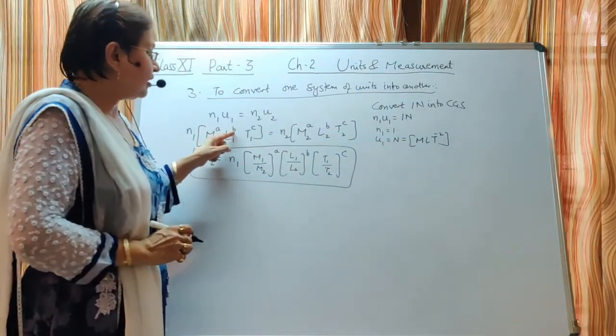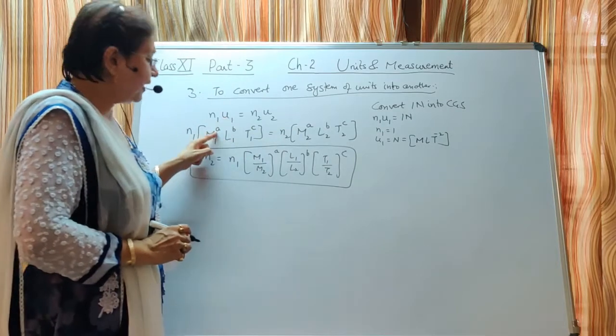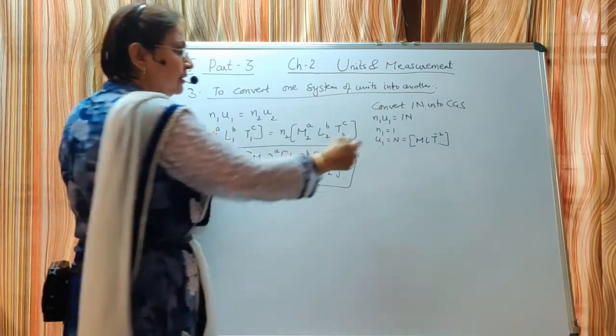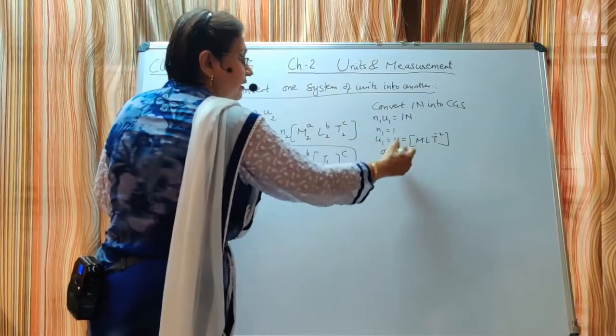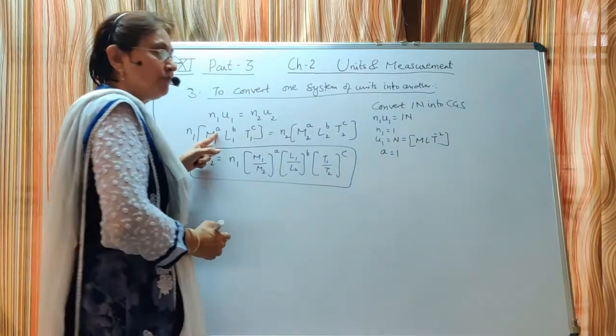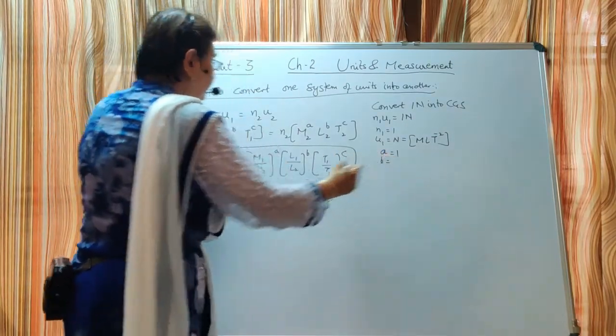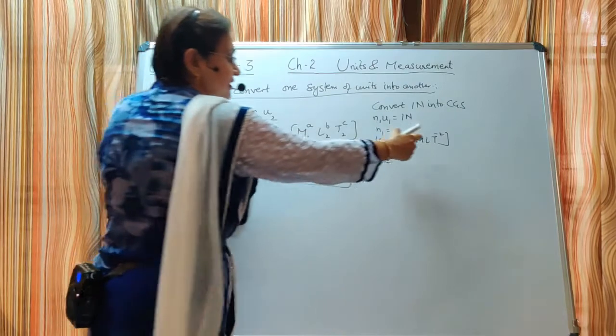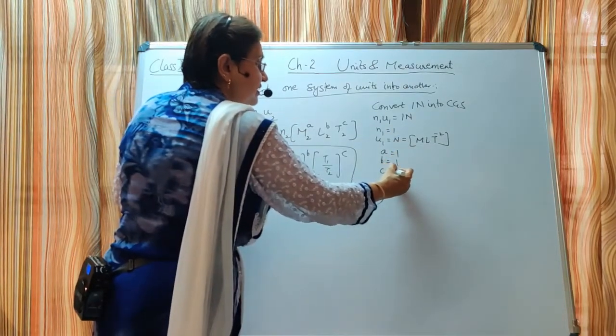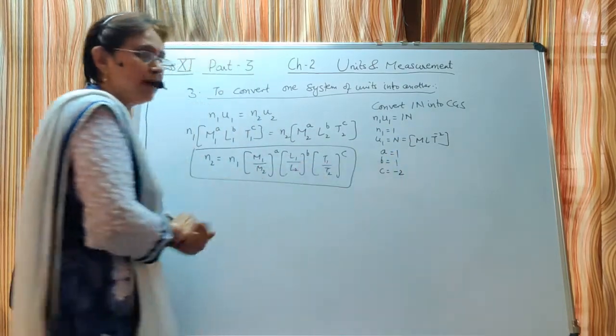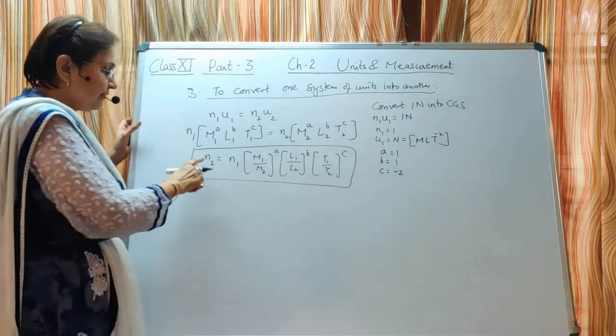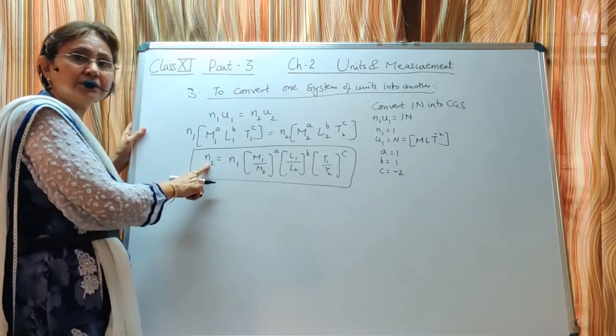Now let's find out A, B and C. A is the power of M, which is 1. B is the power of L, which is again 1, and C is the power of T, which is minus 2. Now we can find out the numeric value in the second system.